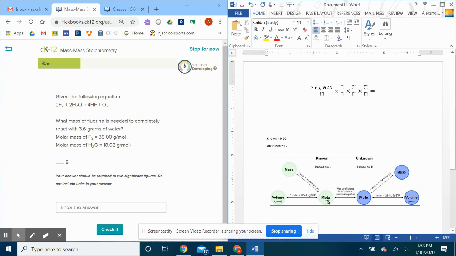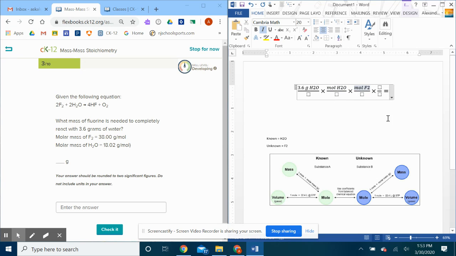Now remember, whatever's in the circle, that tells us what we are writing on the top of the fraction. So on top of the second fraction is moles of the known. So our known is H2O. So it is moles of H2O. On top of the third fraction is moles of the unknown. So moles of F2.